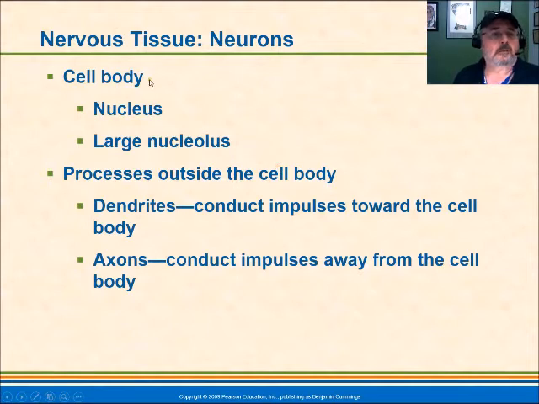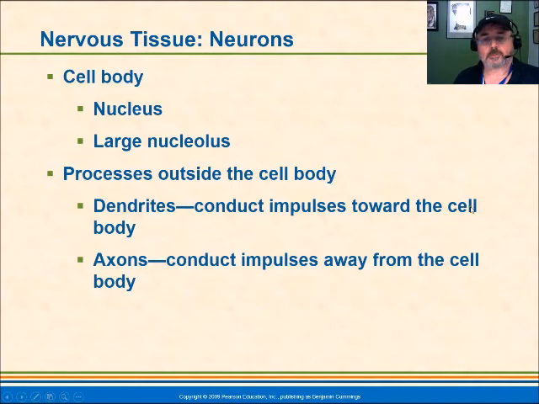Now, nervous tissue, again, neurons. We've got a nucleus, and we are producing proteins in form of neurotransmitters, other things. So there's a large nucleolus which is associated with production of ribosomes. And we have the processes.